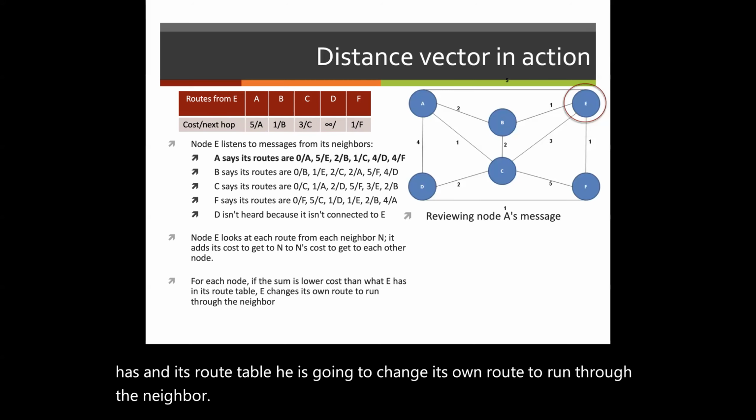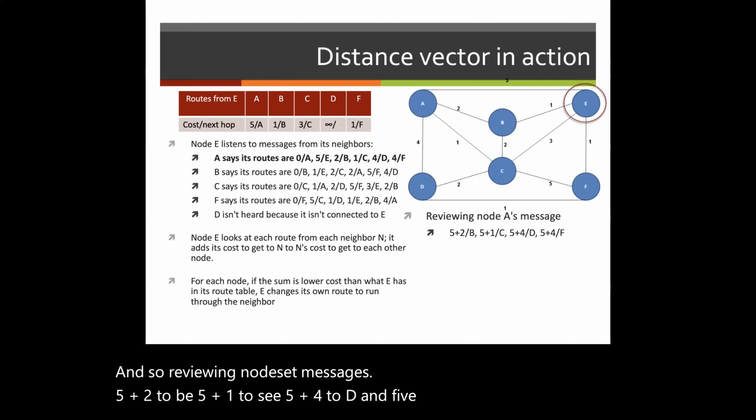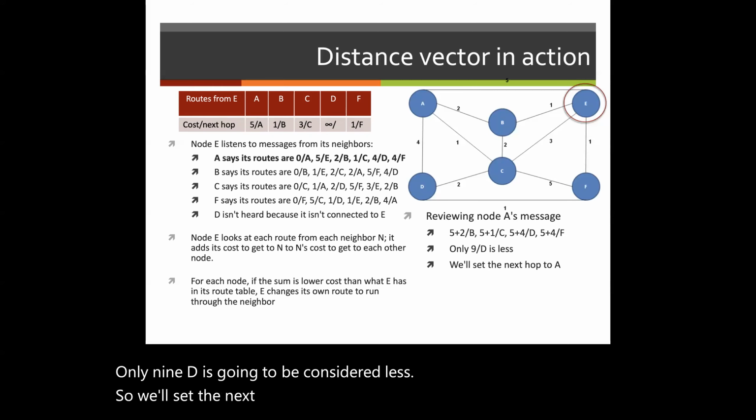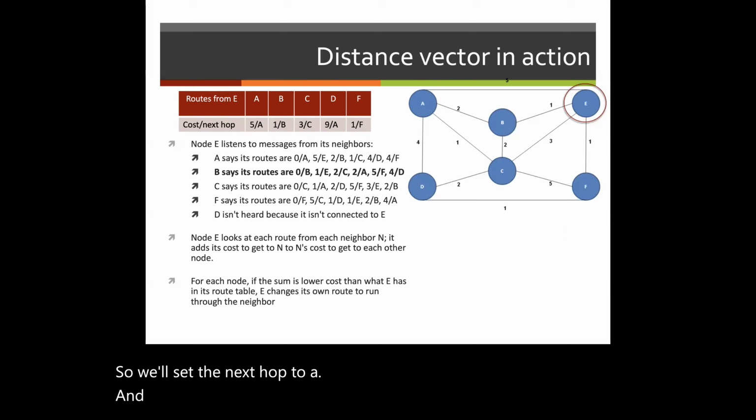So reviewing node A's messages, 5 plus 2 to B, 5 plus 1 to C, 5 plus 4 to D, and 5 plus 4 to F. Only 9 to D is going to be considered less. So we'll set the next hop to A. So D is going to now have a cost of 9 via A.